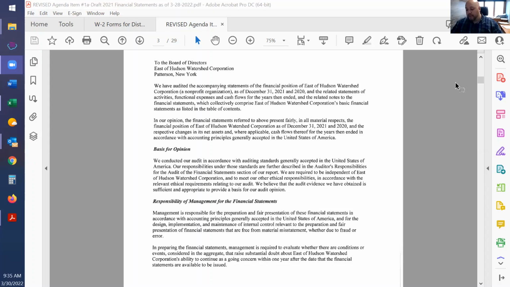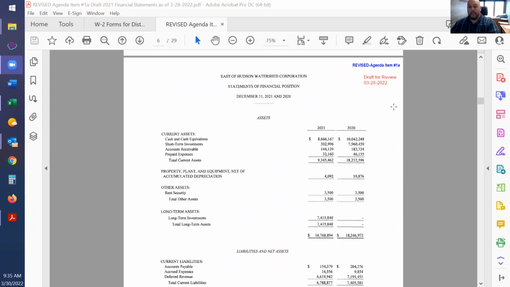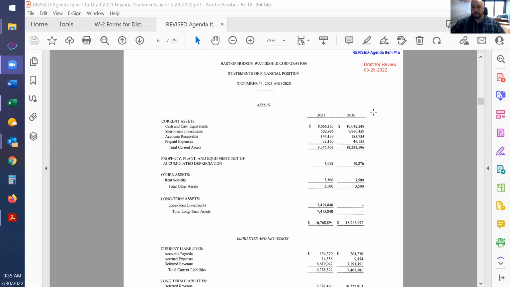Moving forward to page 4. On page 4, this is the comparative statements of financial position. This is basically like the balance sheet of a business. And what we're showing is 2021 versus 2020, broken up by the property, plant, and equipment, and then long-term assets.